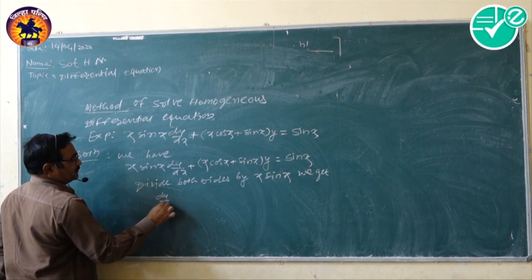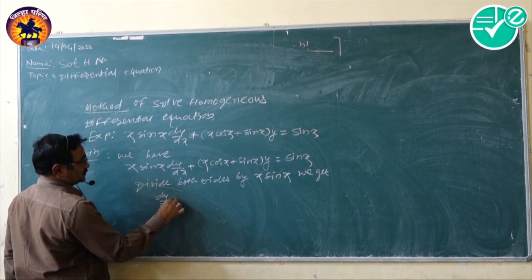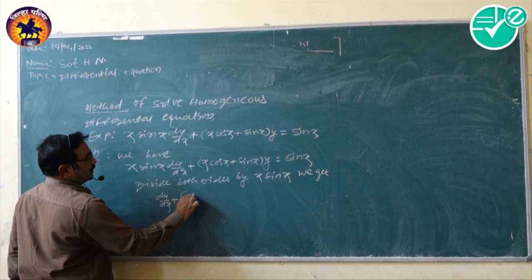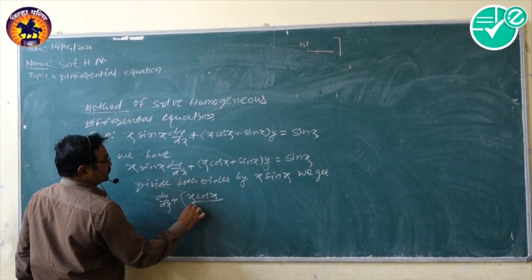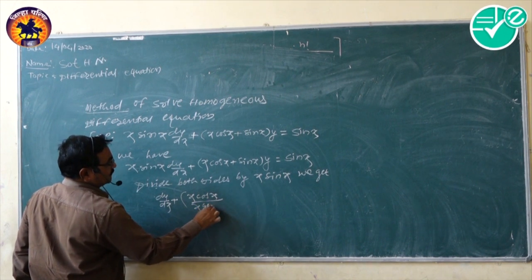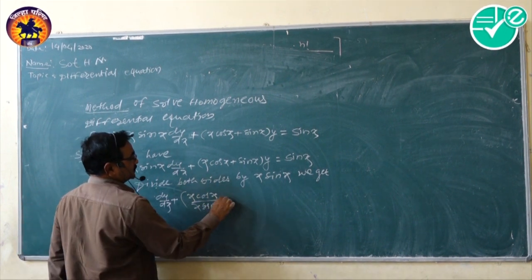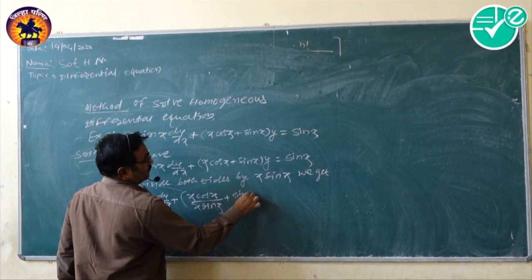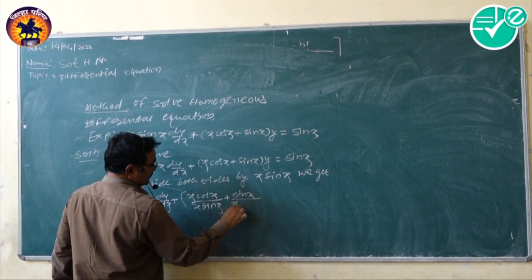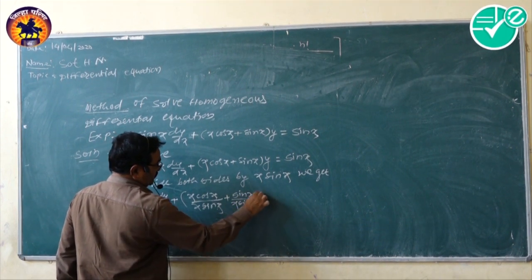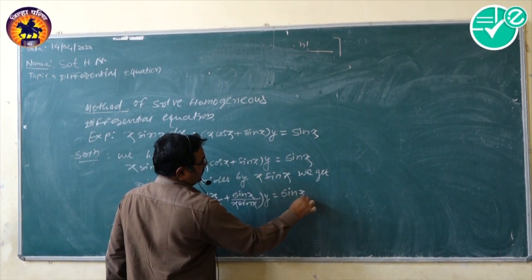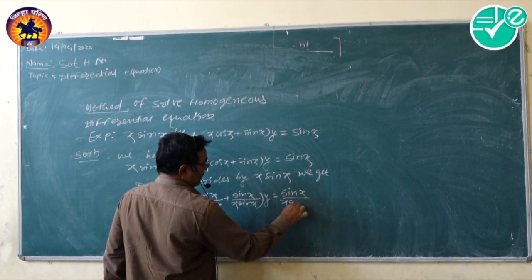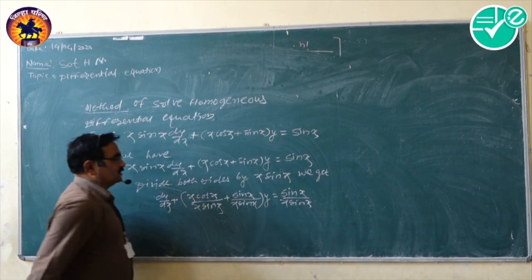dy by dx plus x cos x upon x sin x plus sin x upon x sin x into y equal to sin x upon x sin x.